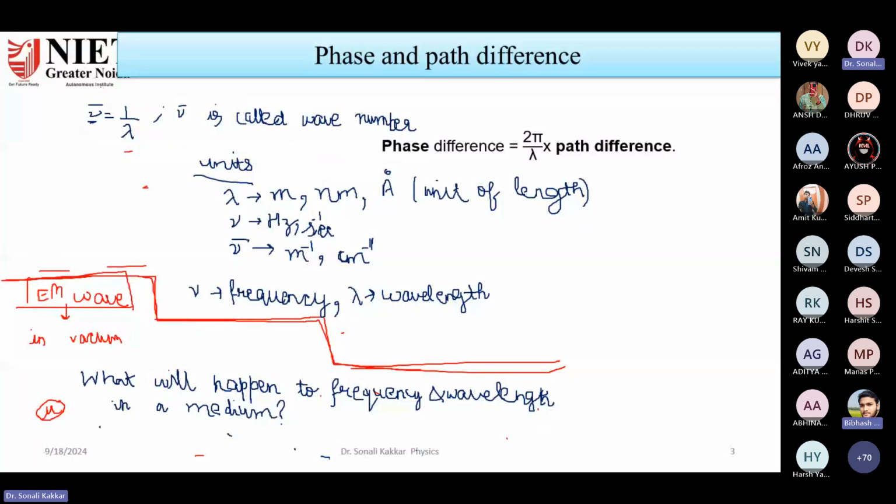Note this down also. The answer is frequency nu will remain unchanged. And wavelength lambda will decrease by a factor n, and it will become lambda by n.